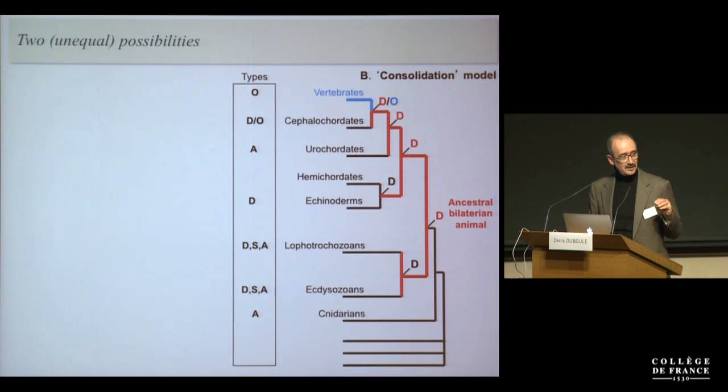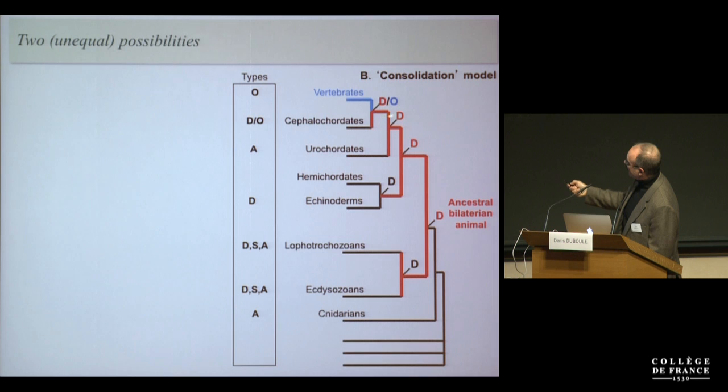Now, that is a complex concept to deal with, because as you know, usually we see evolution a little bit like an entropic process. We tend to think that things are organized and become disorganized in the course of evolution. So what happened here that could help understand this consolidation process?